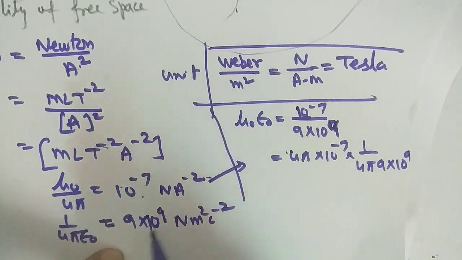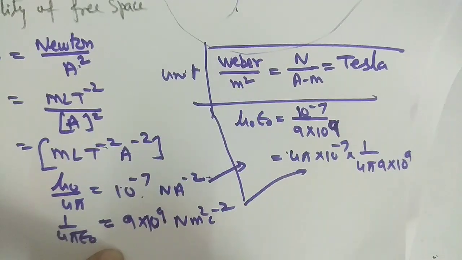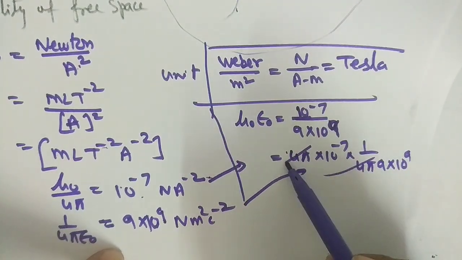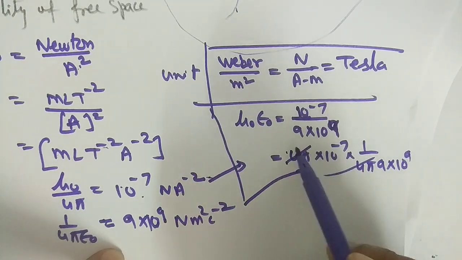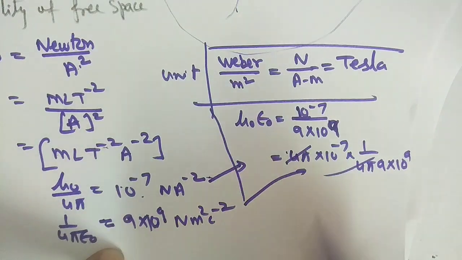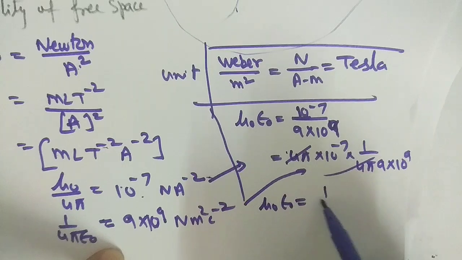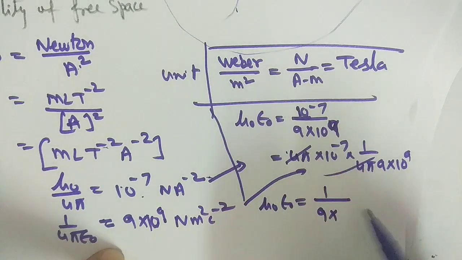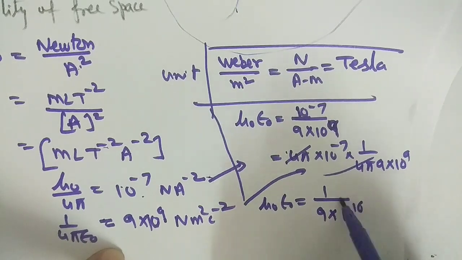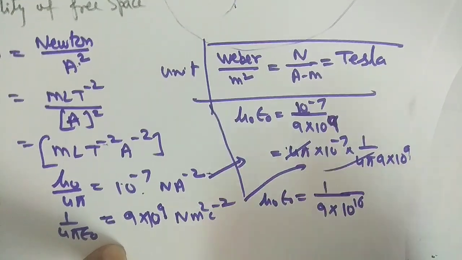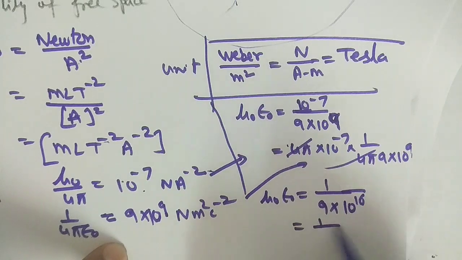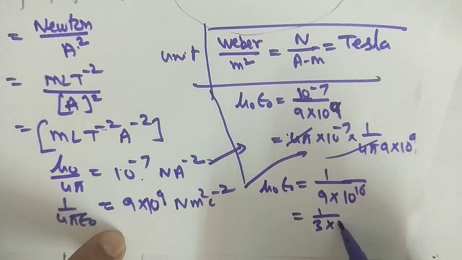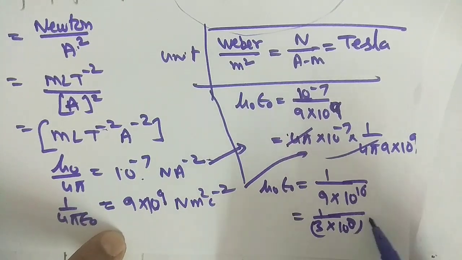Is it clear? So 4 pi is cancelled, so you can write 10 to the power minus 7 upon 9 into 10 to the power 9. So mu naught epsilon naught is equal to 1 upon 9 into 10 to the power 16, since 7 plus 9 is 16. Or you can write it as 1 upon (3 into 10 to the power 8) square.